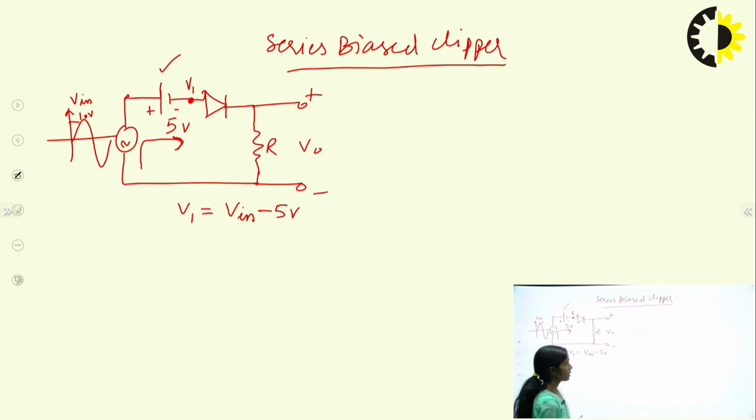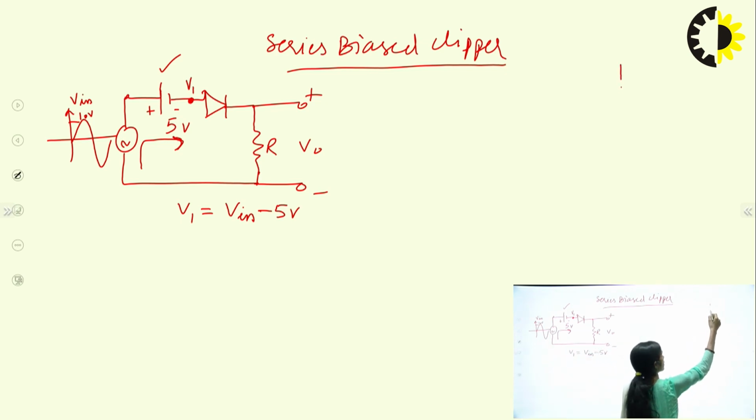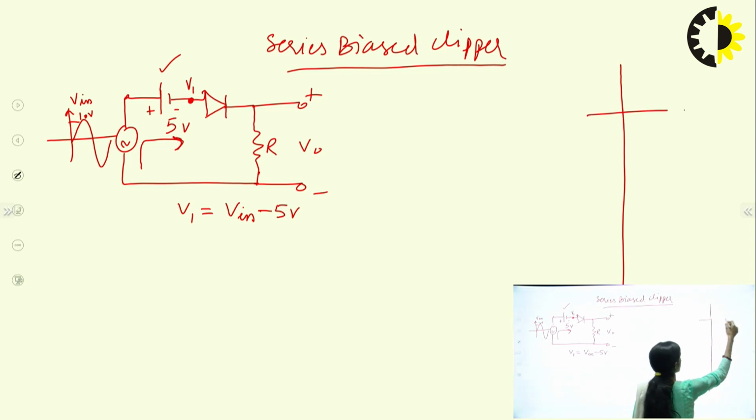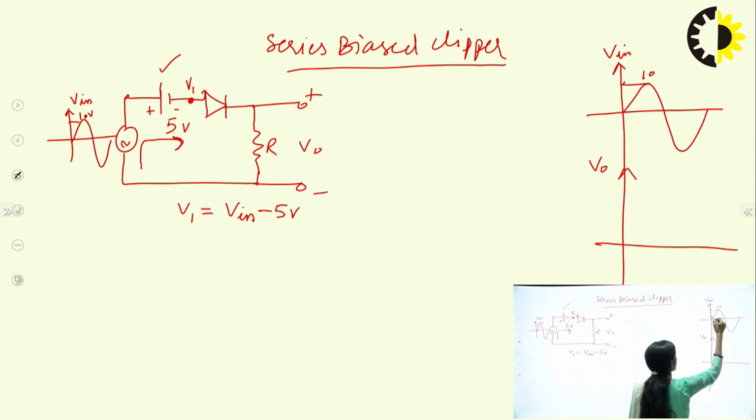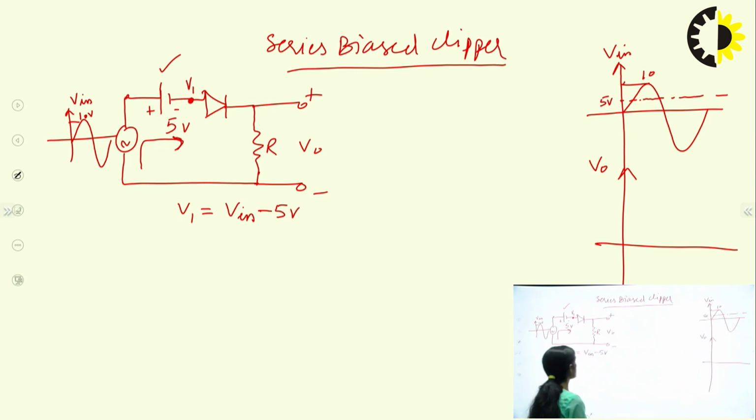So in this case, if I draw the cycle of the signal, this is the input cycle, and this output I will draw. For this input signal, we have the peak amplitude at 10 volt, and I can mark the DC voltage here in the positive cycle, because the positive is connected to the positive end of the source.